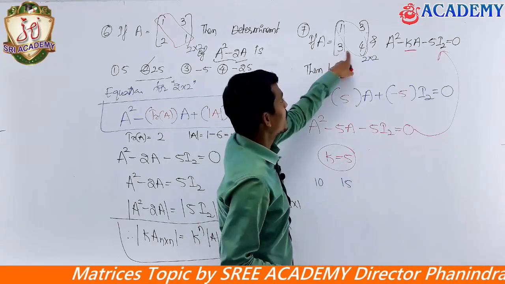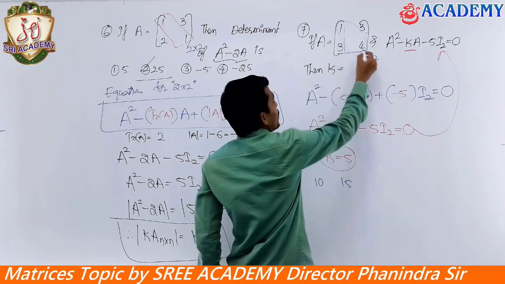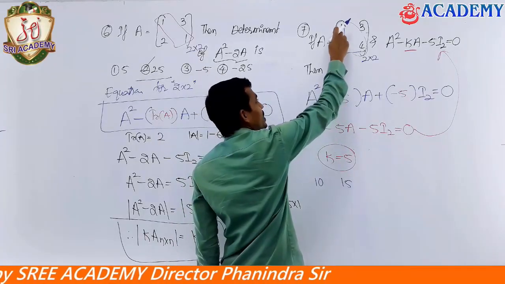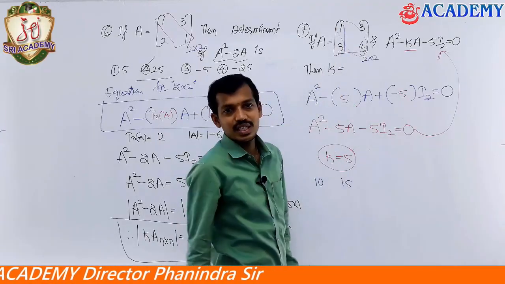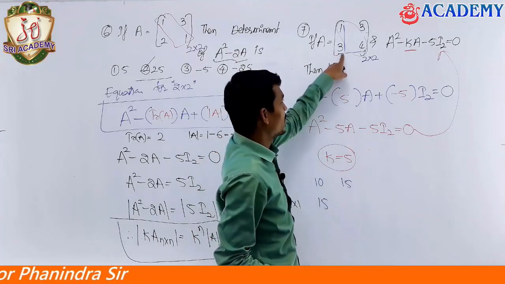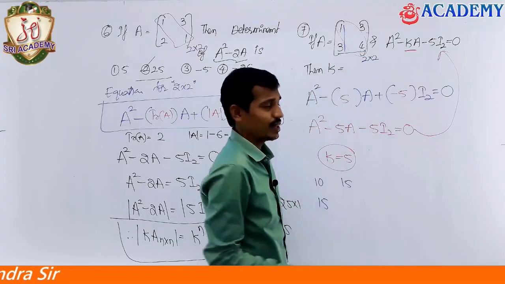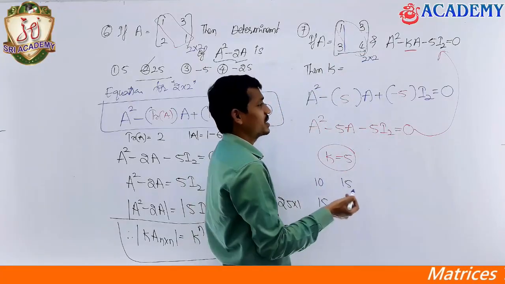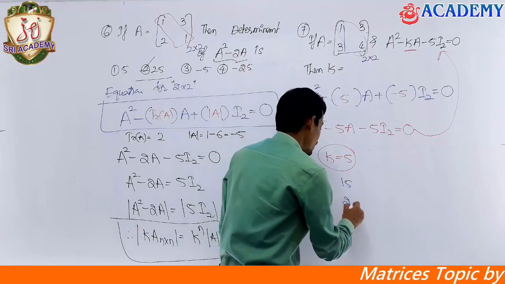Next, second row with first column: 3 into 1, 3, 4 into 3, 12, 3 plus 12 is 15. Then second row with second column: 3 into 3, 9, plus 4 into 4, 16, 9 plus 16 is nothing but 25.